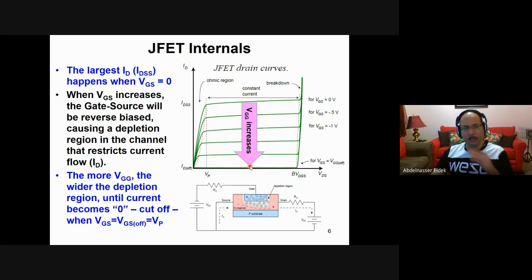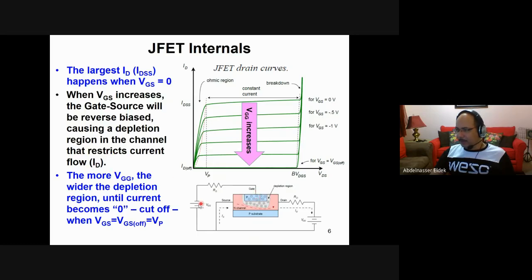Until you reach a certain point where the depletion region will fill the channel, and in this case, you block the current completely. So here, you have a certain voltage that will block the current, and you don't have any current. So here, as I said, when VGS increases, the gate source will be reverse biased, causing the depletion region to be more, and it will restrict the current ID.